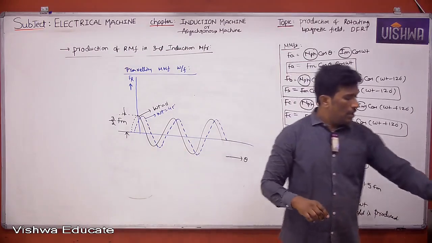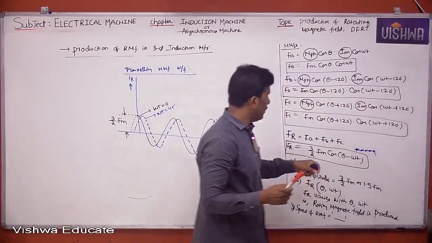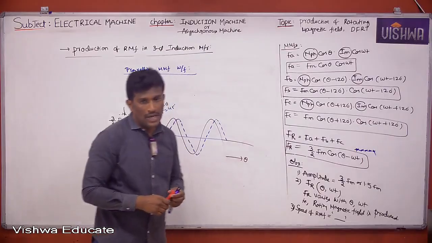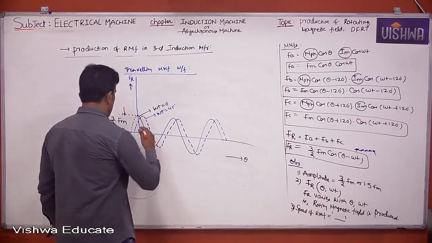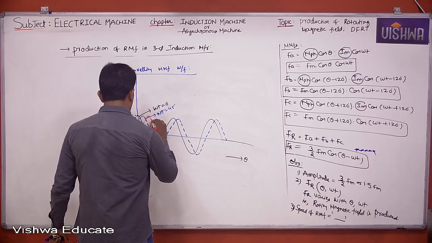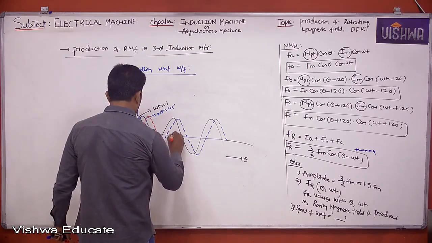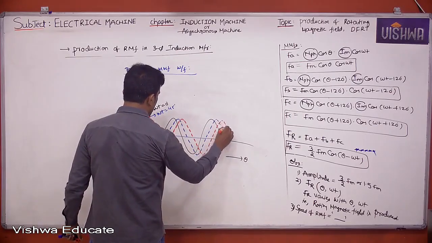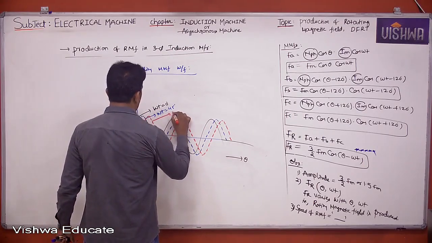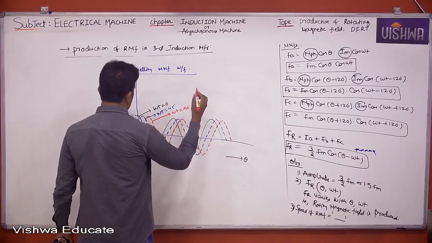And let me draw the FR waveform if omega t equals 90 degrees. Cos of theta minus 90 becomes a sine function. So this is the shape of FR when omega t equals 90 degrees.